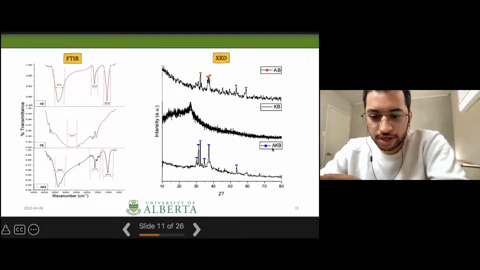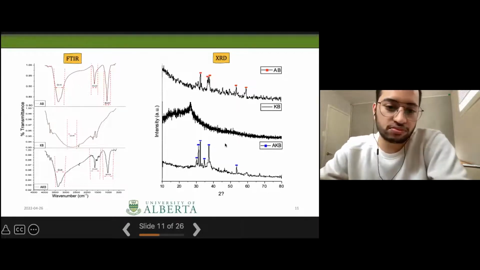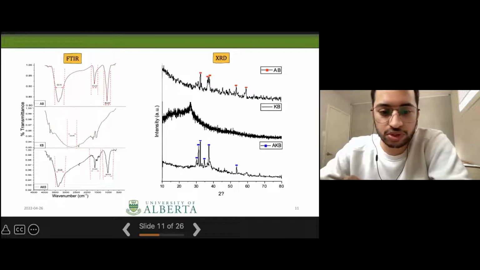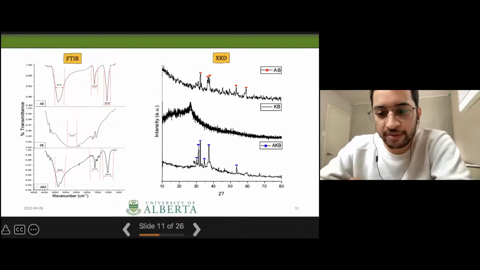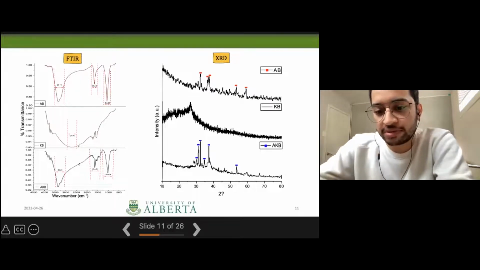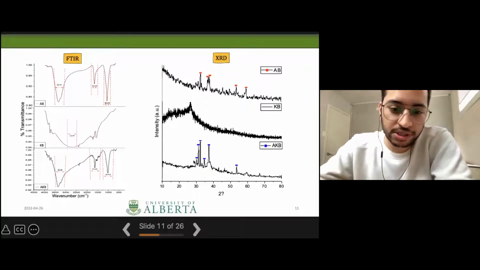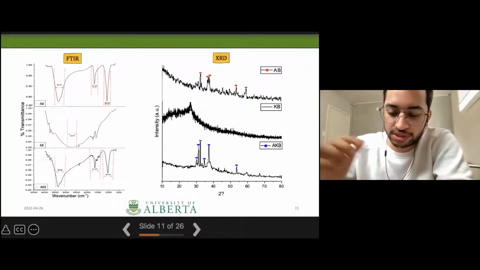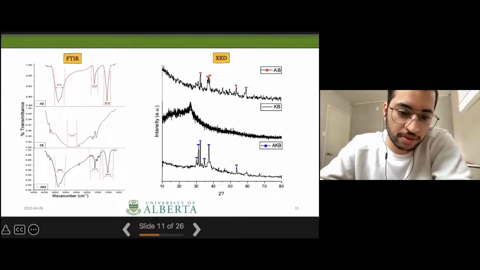The XRD analysis also shows that AKB has a little more disorderliness in its structure. It could be due to two different materials being combined to prepare it.